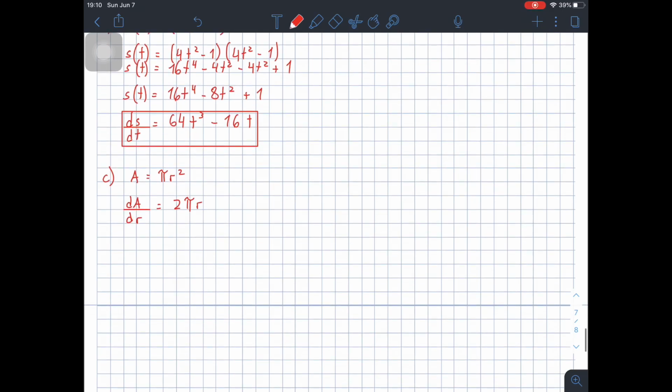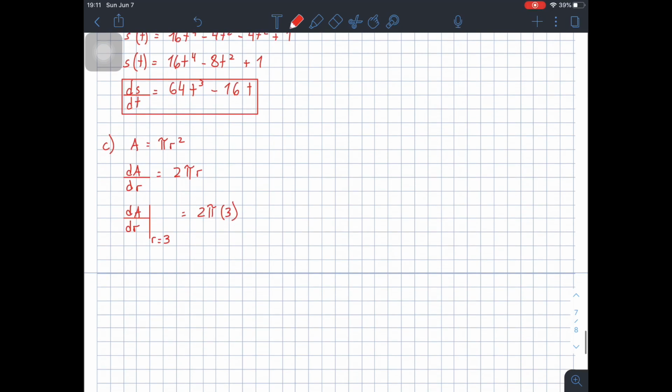But then I want to evaluate this derivative, the derivative of A with respect to r, for a particular value of r, which is r equals 3. Okay, so basically what I'm going to do there is replace the value of r with 3. So this is equal to 2 pi times 3. So finally, we're going to get as a result 6 pi.